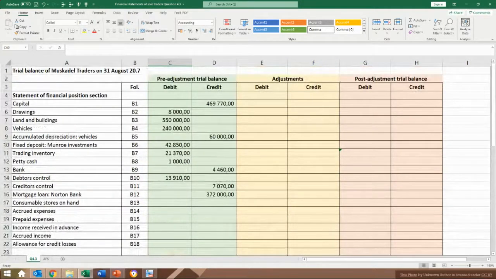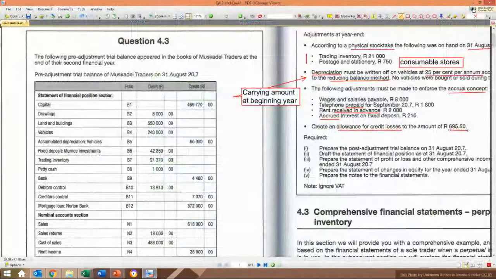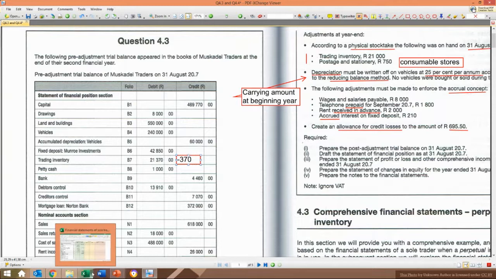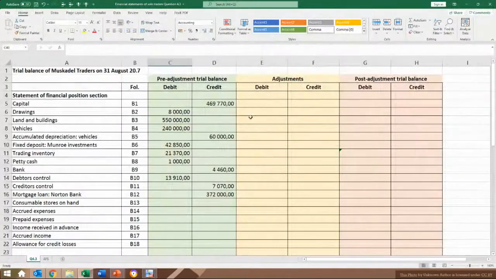Now, if we go back to the PDF, the question, the first thing we said is the physical stock take for trading inventory is 21,000. Now that means this balance needs to be reduced by 370,000 to reflect the correct inventory on hand. And then the other side would generally go to the cost of sales to adjust that amount.